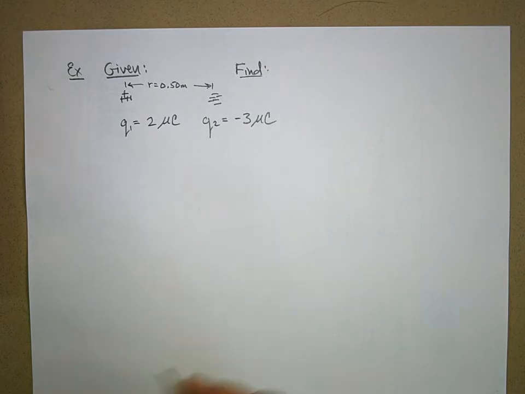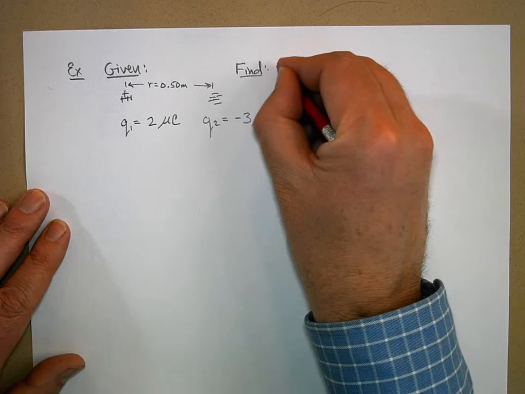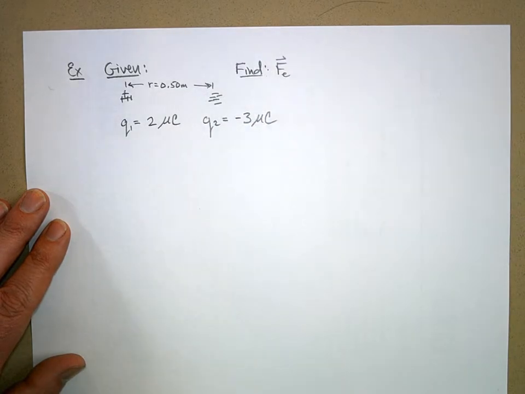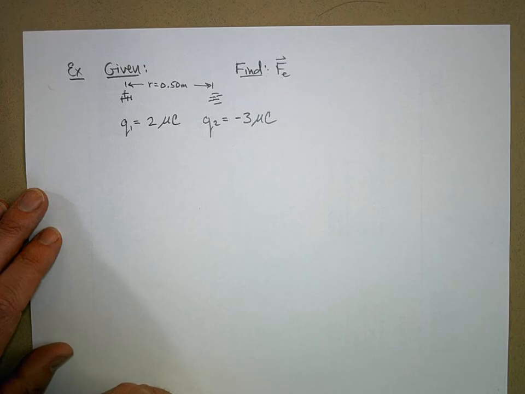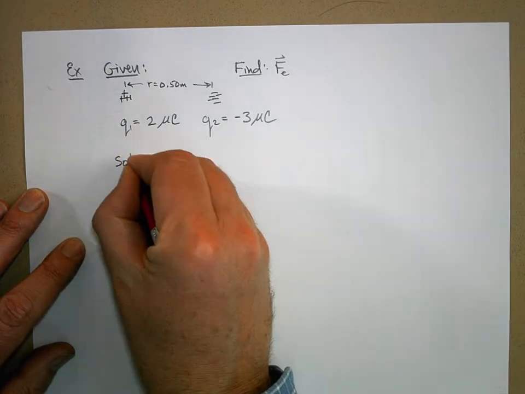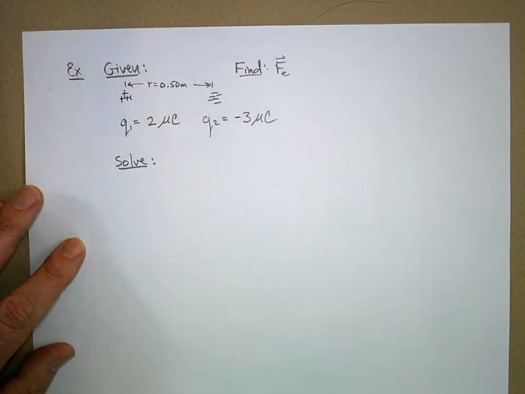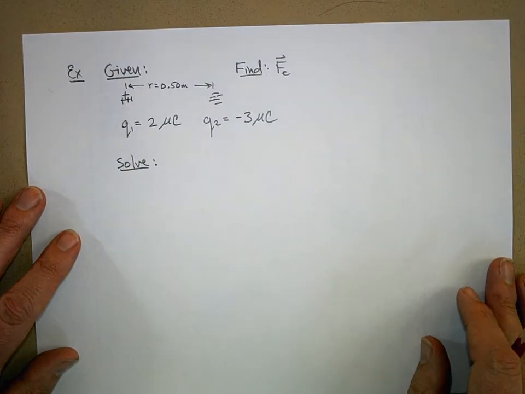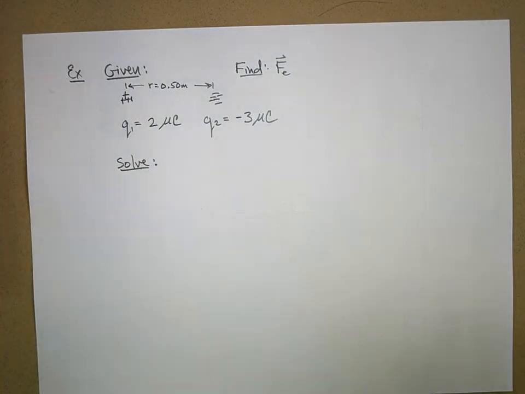I want you to find the force, the electric force between them, using Coulomb's law. Now, if you're watching this on the video, pause the video right now and work it yourself. Okay. So let's solve it.